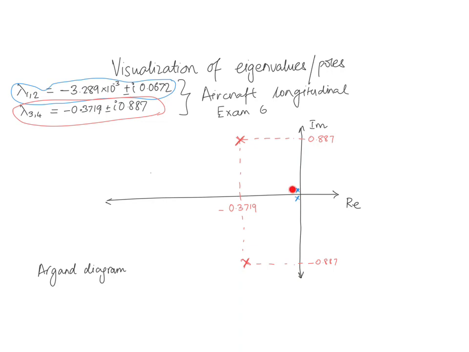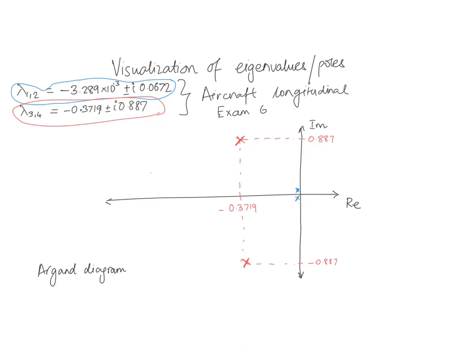So it's very close to that, still on the negative side though. And the imaginary part is a little bit larger than the real part, but still very small compared to this one. Again, this is 0.887, this is 0.067. So 10 times or more lower. So this is what it might look like.